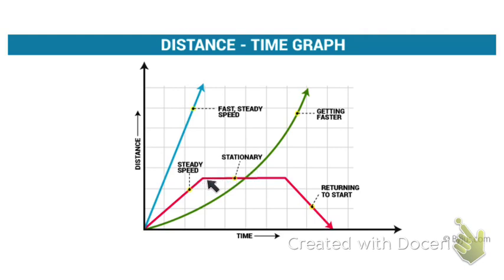Because the distance is not increasing at all. And if you get this curved line, that means that the object is speeding up. I would also add to this, if the line curves in the opposite direction, so for example like this, that would be an object that is slowing down.